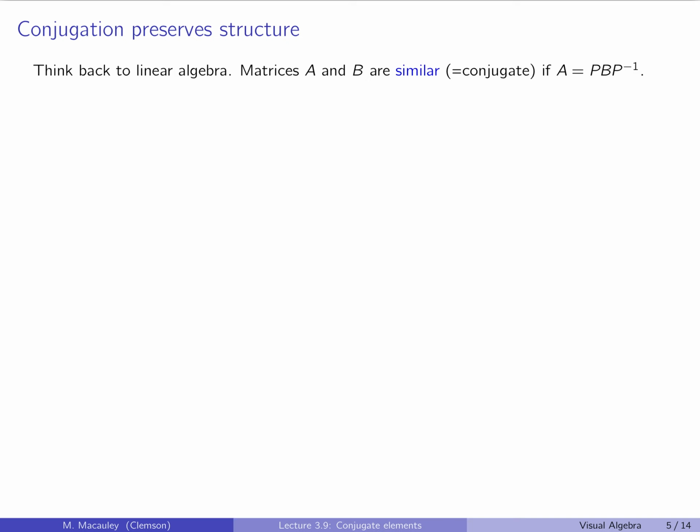Okay, let's touch back upon a subject that I mentioned in the opening monologue, which is that conjugation preserves structure. Now let's think back to linear algebra. Matrices A and B are similar, which just means conjugate, if A equals P B P inverse for some invertible matrix P. Conjugate matrices have the same eigenvalues, trace, and determinant.